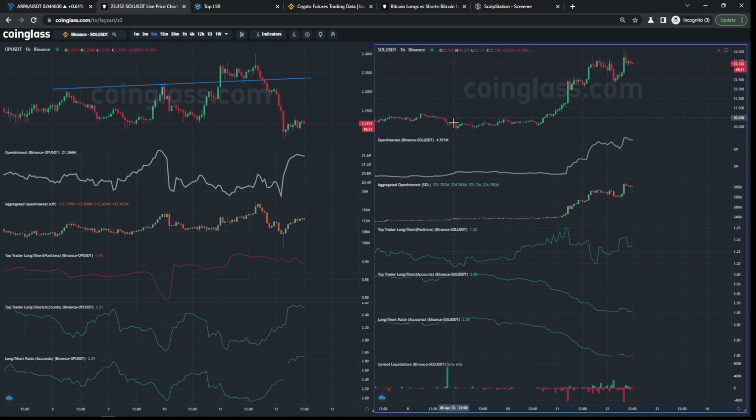You see that the price is going up, and the open interest is going up while the long short ratio is going down, which means people are shorting the asset. So the long short is declining, the open interest is inclining, and the coin is going up.